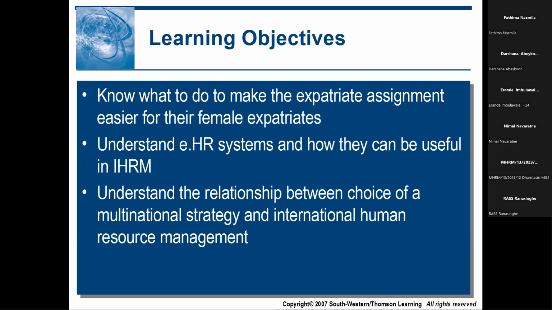Understand e-HR systems and how they can be useful in international human resource management. Understand the relationship between the choice of a multinational strategy and international human resource management. We discussed multinational strategies using two dimensions, standardization or globalization, and then localization.